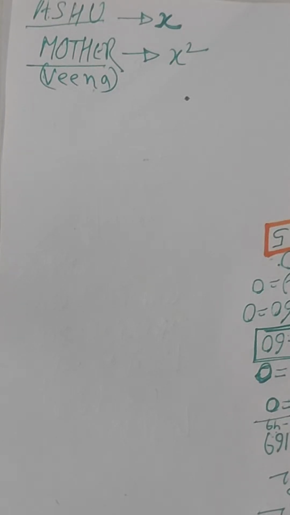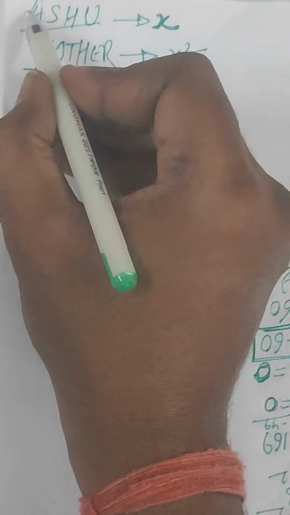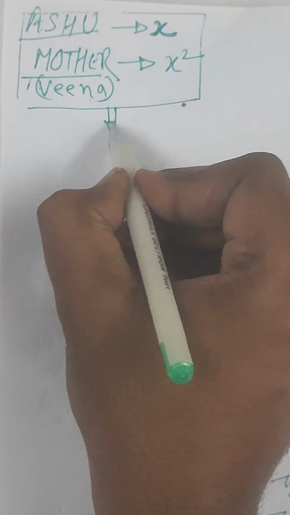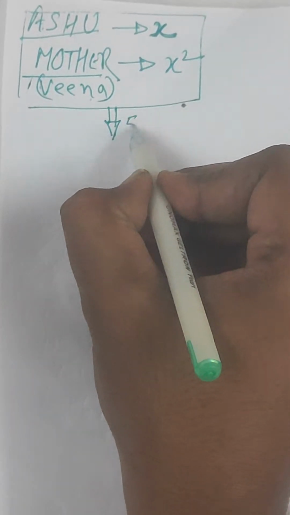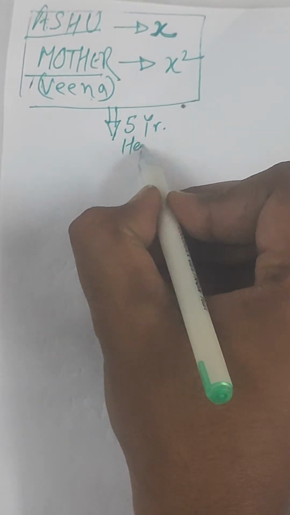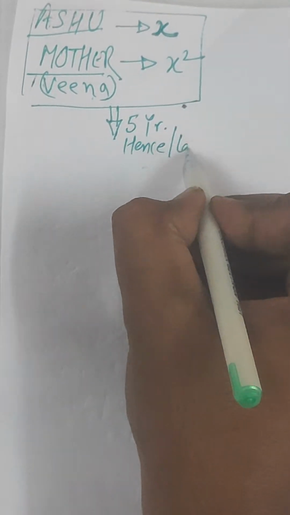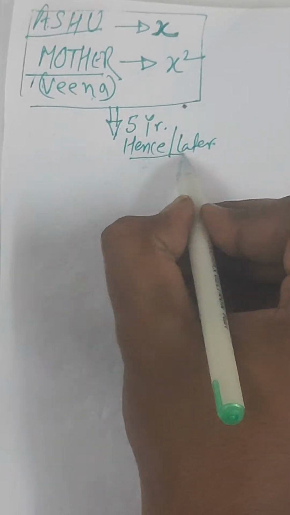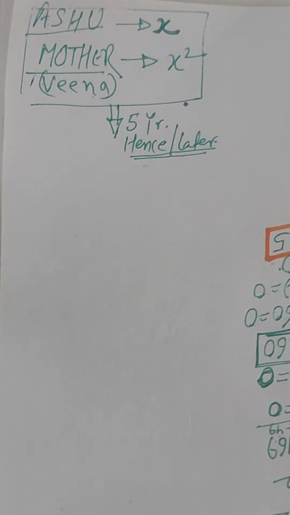Now 5 years later, 5 years hence, that means when this entire situation changes after 5 years. Hence and later both have the same meaning. So what will be the condition?